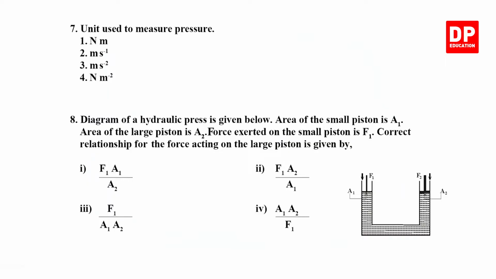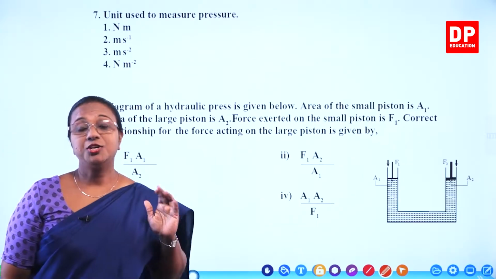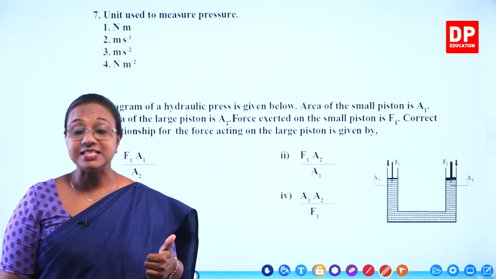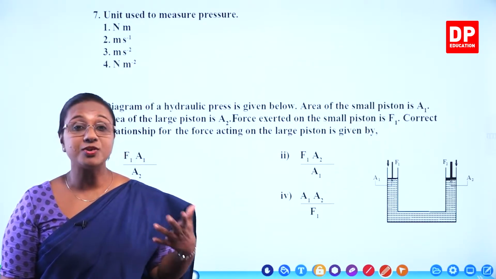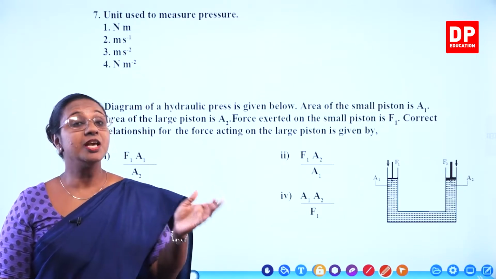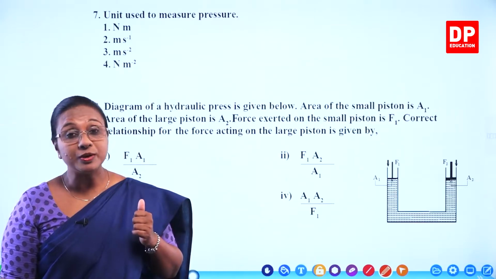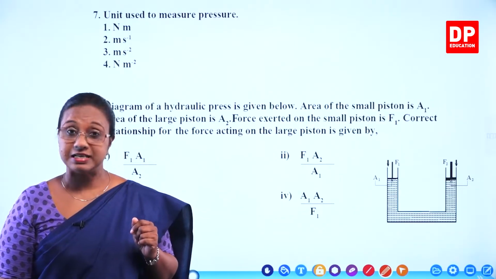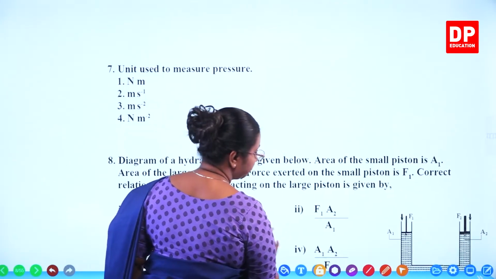So, question number 7. Unit used to measure pressure. You all know, students, there are two common units that we always use. One is Newton meter minus 2, that is for pressure exerted by solids when we use the equation P equals force over area. From that we get the unit Newton meter minus 2. So that is one unit that you can remember, students.